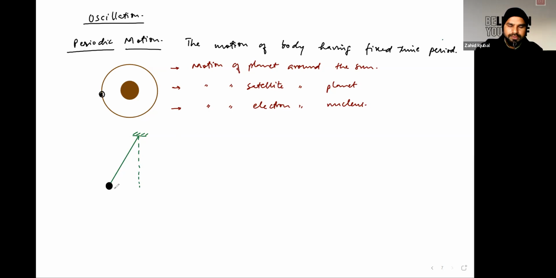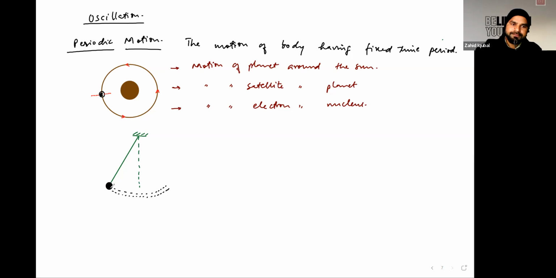So this is also a periodic motion. But there is a speciality between these two periodic motions. If this electron starts at a point, on complete rotation it comes back to its starting point.